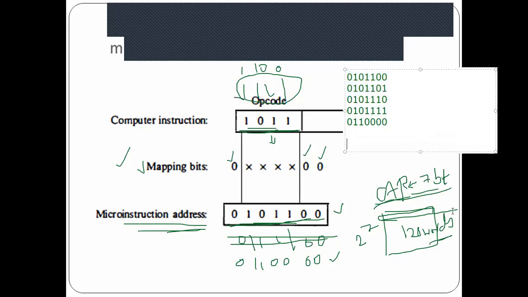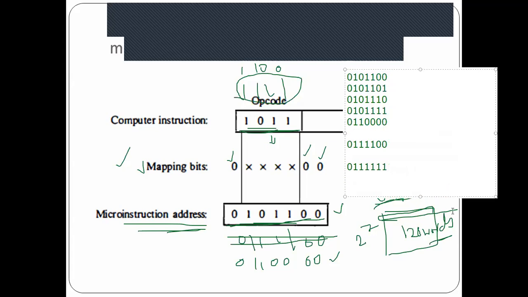Last address is 0 1 1 1 1 0 0, the last subroutine starting address. Its ending address is 0 1 1 1 1 1 1. So the next empty location is 1 0 0 0 0 0. From here onwards till the end of the memory, these locations are free. You can use this for defining your subroutine if its length is above 4 micro operations.